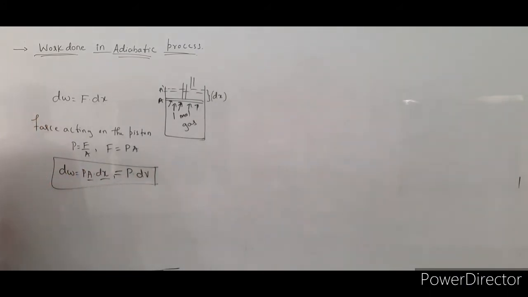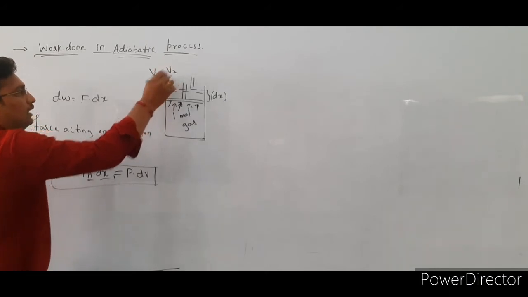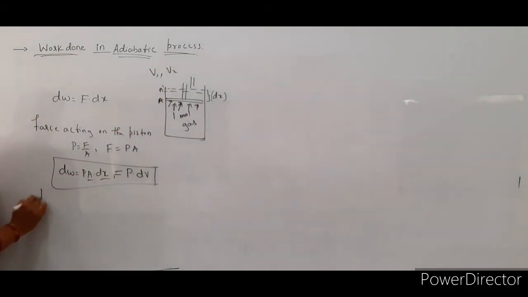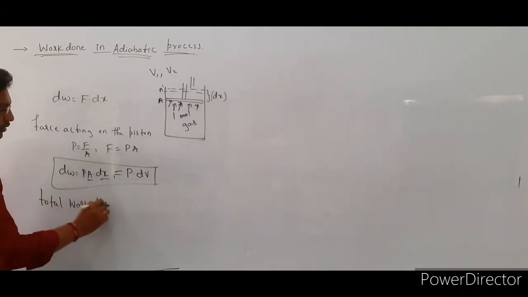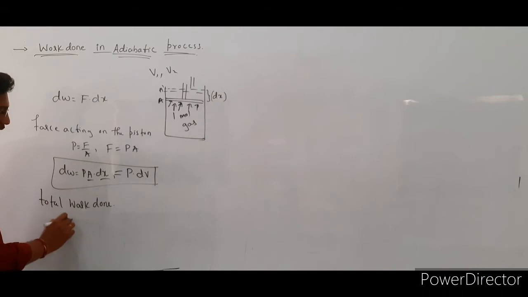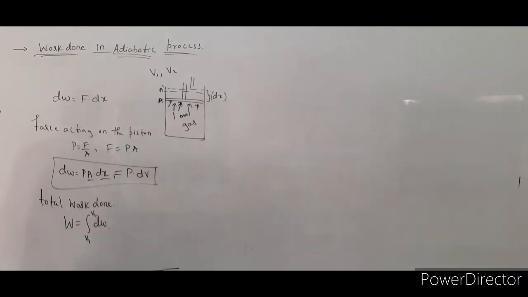Then we have to calculate the total work done to change the volume of this cylinder from V1 to V2. So the total work done W is equal to the integration from V1 to V2, the initial volume to final volume, of the small work done.